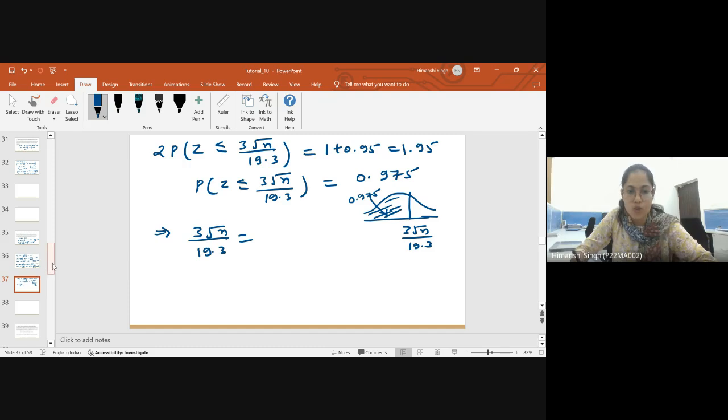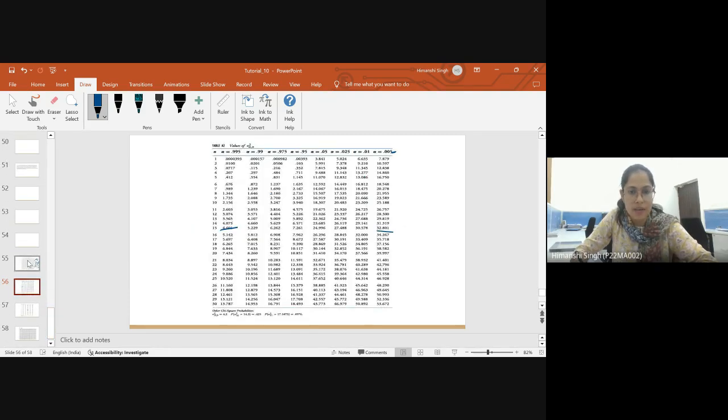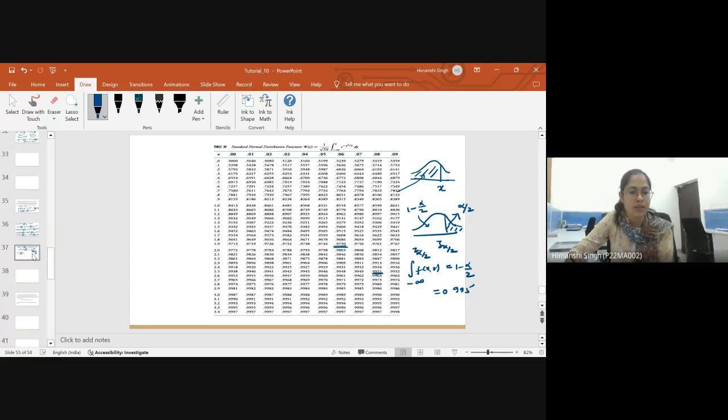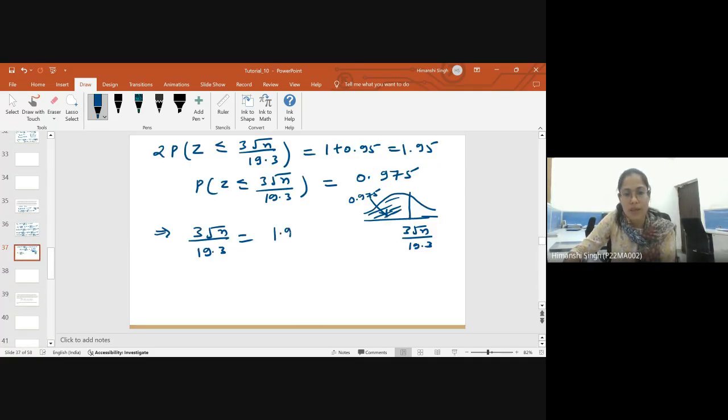In the normal table, the area is 0.975, so just find out where 0.975 is. The corresponding point is 1.96. So this will be equal to 1.96.